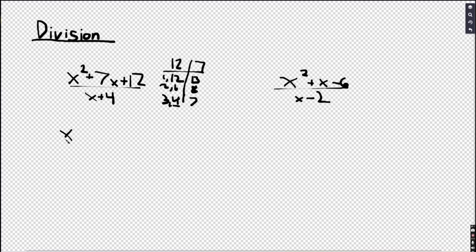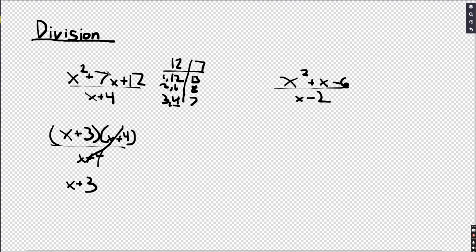So we can factor x squared plus 7x plus 12 into x plus 3 times x plus 4, divided by x plus 4. And look at that, we can cancel it out and we're left with x plus 3. So x squared plus 7x plus 12 divided by x plus 4 is x plus 3.